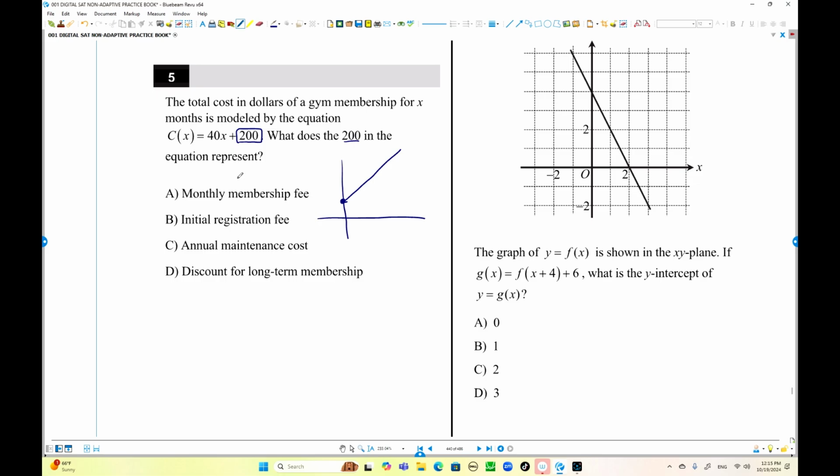Monthly membership fee? No, monthly membership fee is 40. It depends on the number of months. Initial registration fee? Yeah, that must be correct. Annual maintenance cost? Maybe next year, another one, okay? That is not a fixed amount. So, option B is the answer.